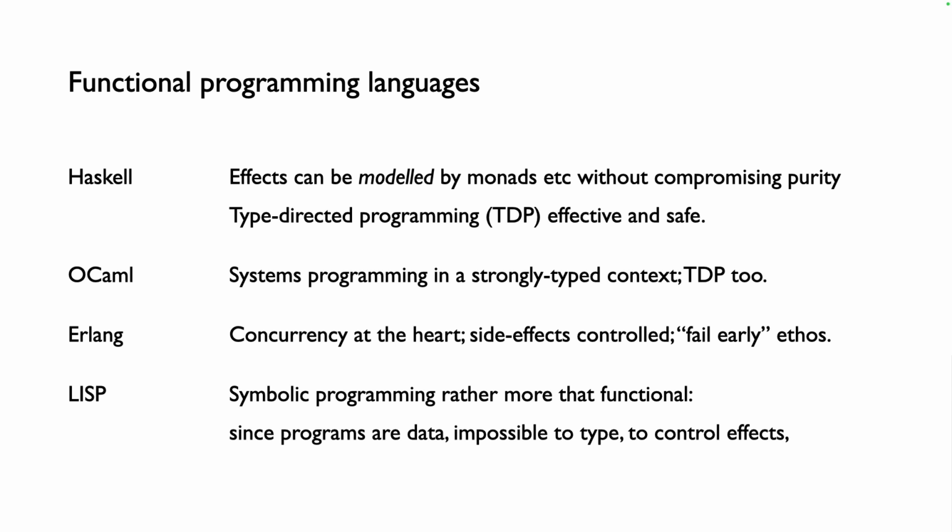And then finally, Lisp. Really, it's a symbolic processing model rather than a functional model. As programs are data, you can't type them, but Lisp is used very heavily in certain areas, and Y Combinator came out of a startup which was Lisp based, for example.